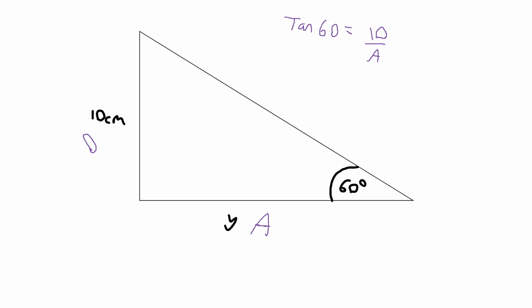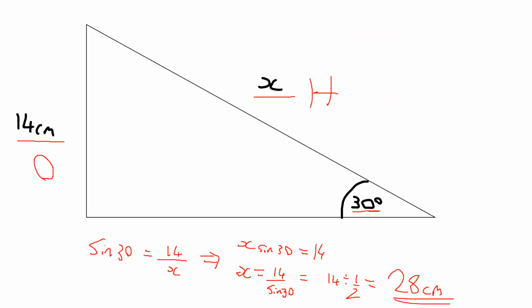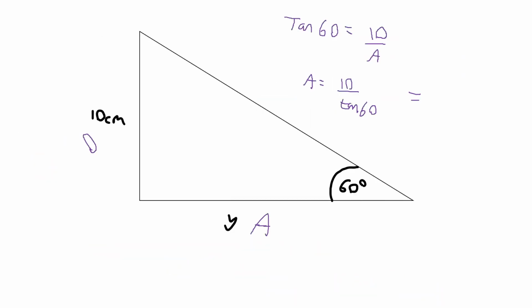So therefore adjacent is just going to equal 10 over tan 60. Now what is tan 60 equal to? Tan 60 is equal to root 3. So this is the same as 10 over root 3.